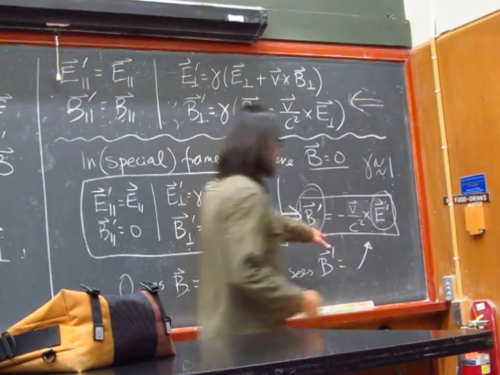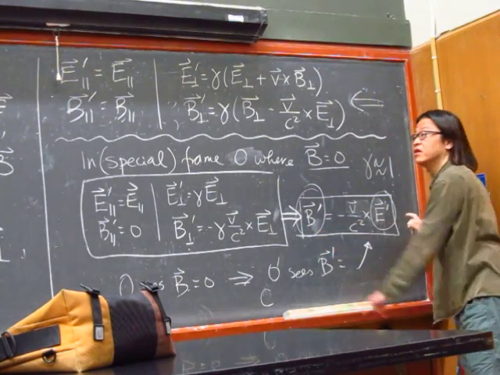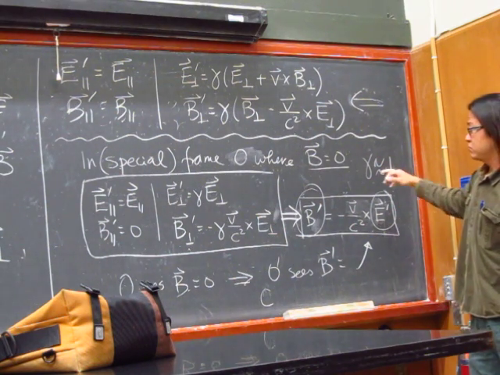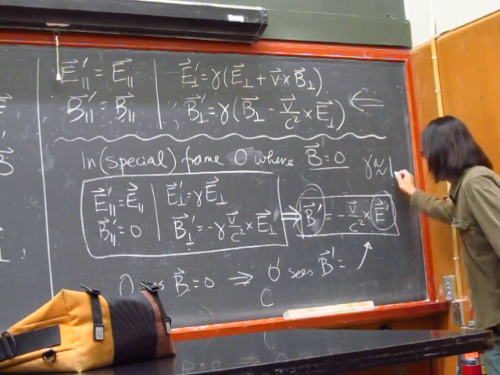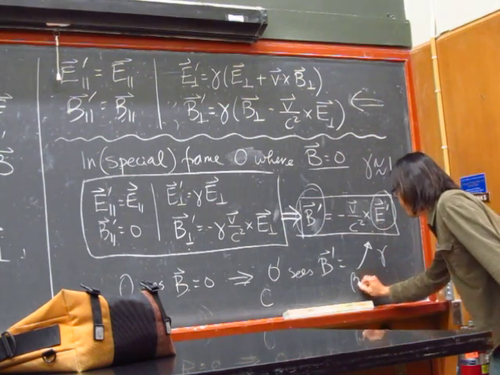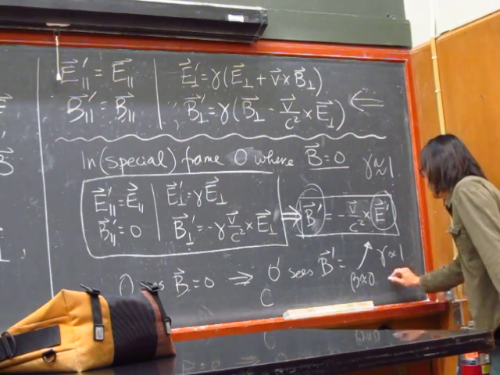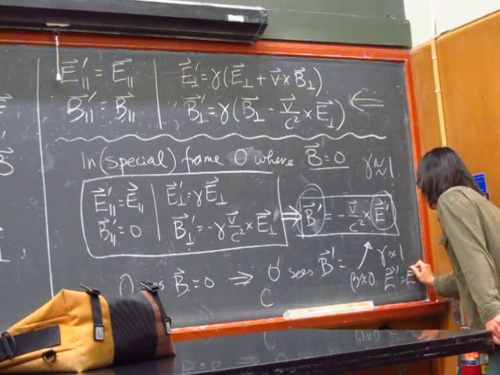This formula is still true. So in that case, if beta is close to 0, then gamma is close to 1, and E prime is just close to E.